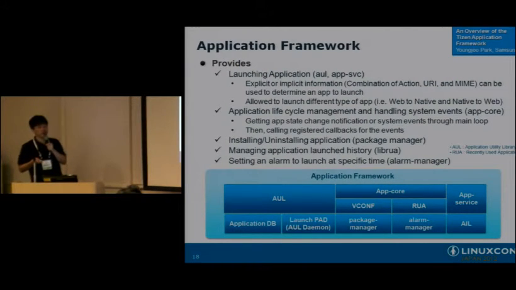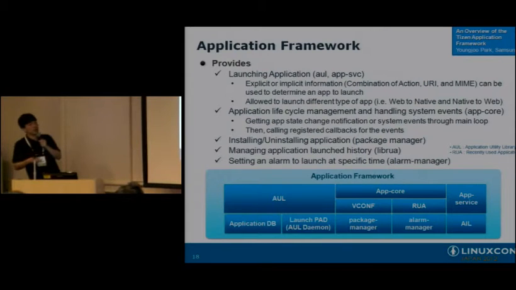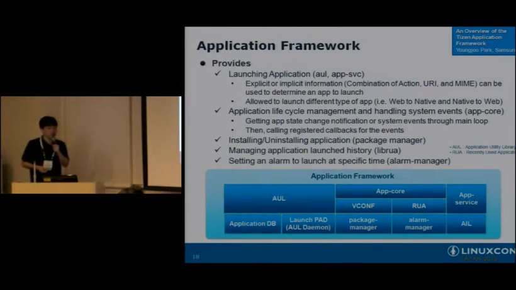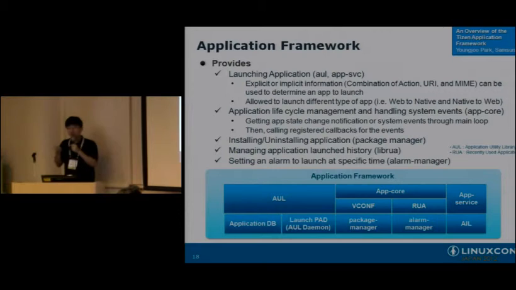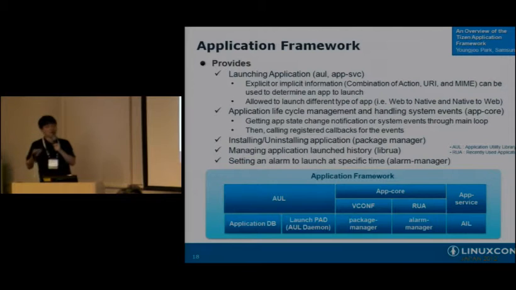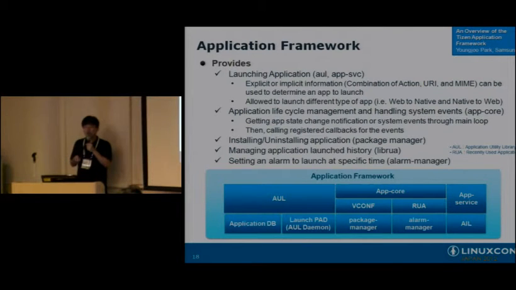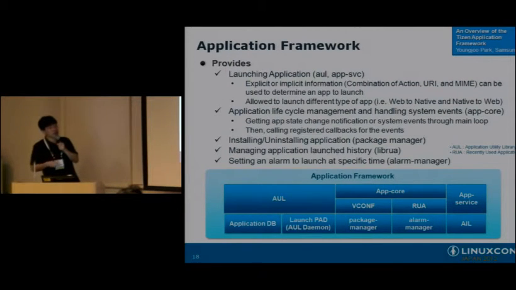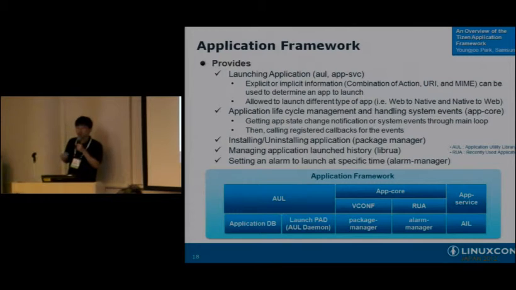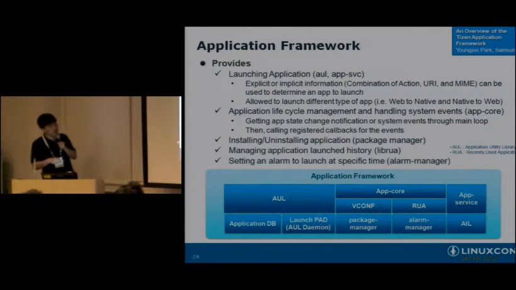We have two application launching methods, which use explicit information or implicit information. For explicit information, we give a specific package name to AUL, the application utility library, and AUL actually uses something called Launchpad.